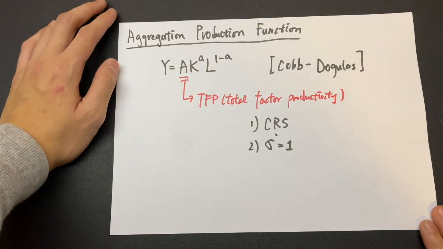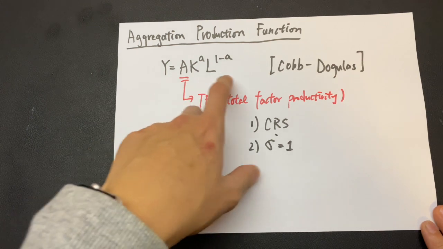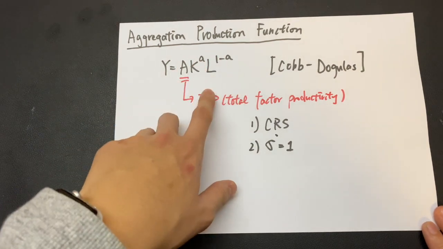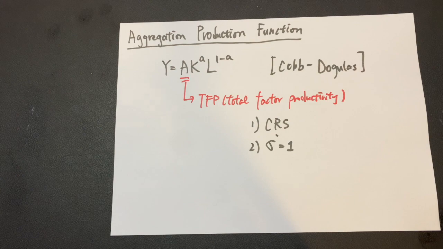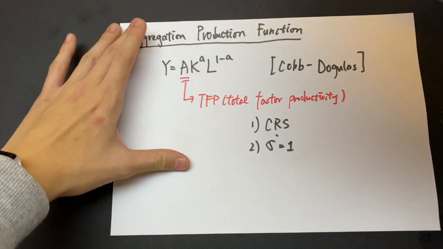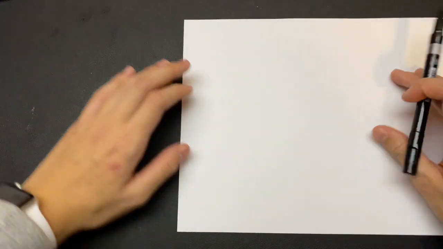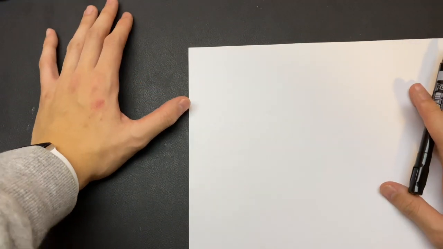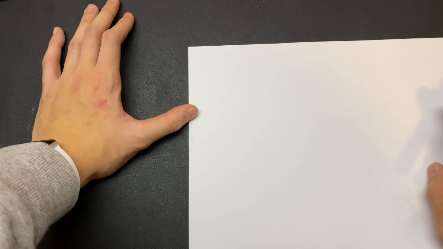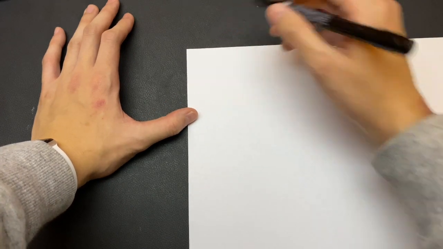So now let me go over how we can make sense of this aggregate production function proposed by Solow. Let's put ourselves in the shoes of one of the many identical firms in a perfectly competitive market.